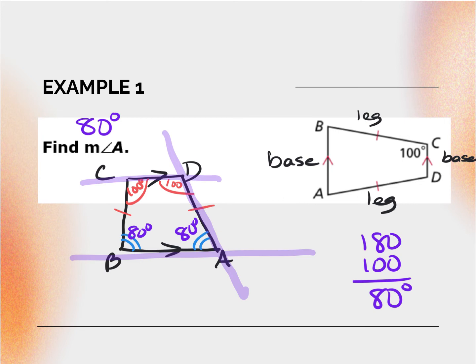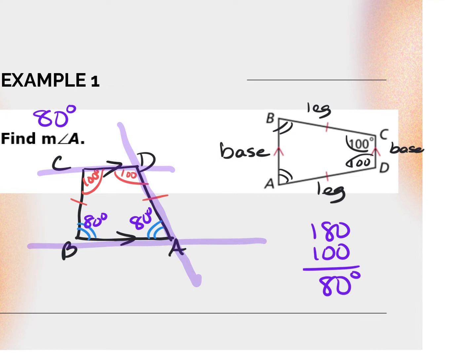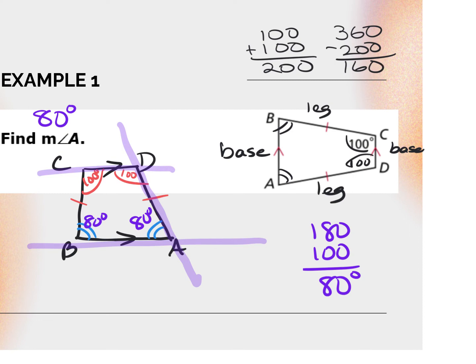Now, the longer way would have been: I know that this one's 100, and then these are congruent. So I could have also used the fact that the angles in a quadrilateral add up to 360. I can add the 2 that I was given from the beginning, subtract that sum from 360, and I'm left with 160.